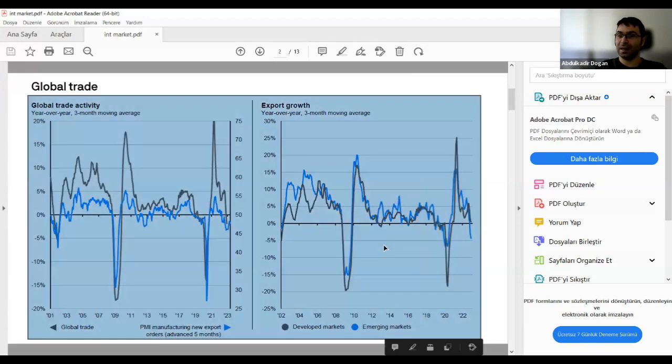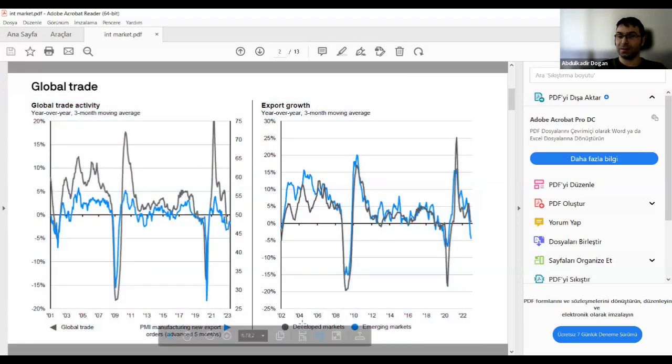Then, when we focus on the changes in emerging and developed markets, advanced economies have a little higher volatility because they decreased more than emerging markets and increased higher than emerging markets when we focus on export growth and shrinkage.